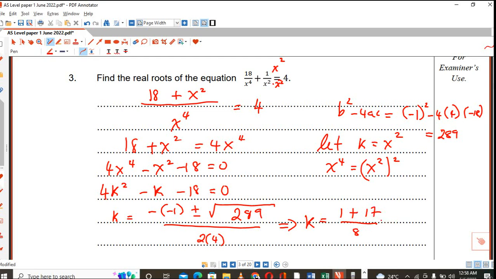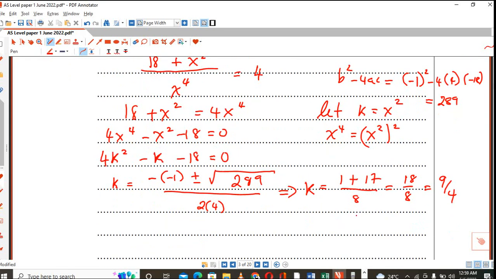So 1 plus 17 is 18, and 18 over 8 is 9 over 4. That's one answer, and the other would be k equals 1 minus 17 over 8. 1 minus 17 is minus 16 over 8, which gives you minus 2.